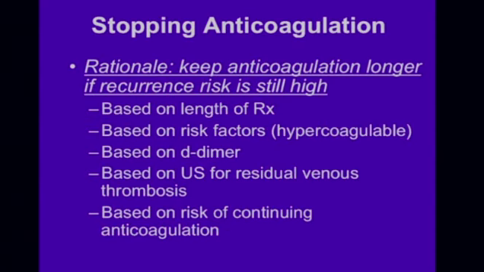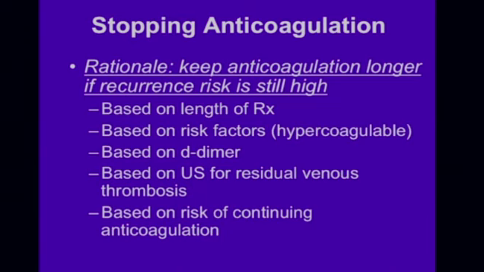Some people look at ultrasound and other techniques to help decide when anticoagulation could be stopped. If the recurrence risk is still high, the rationale goes, then keep the anticoagulation longer. So some people use the length of treatment and the length of risk factors, and some people draw a D-dimer. If it remains elevated, the patient is at continuing risk for a new recurrent DVT.